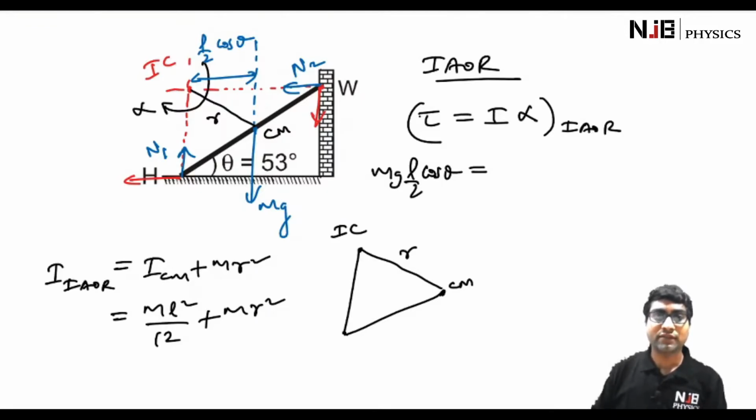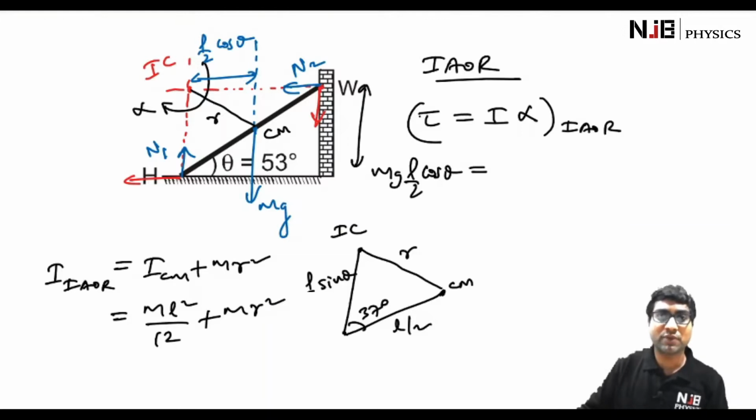We know that this angle is 37 degrees, the distance from the lower end to the center of mass is L by 2, and from the lower end to IC it is L sine theta. It's very easy. So now in this triangle we know two of the sides and the angle between them. We just have to find the opposite side, which we can do by using the cosine rule.